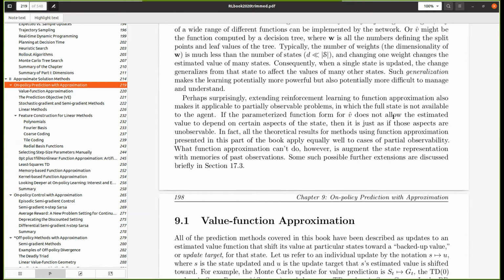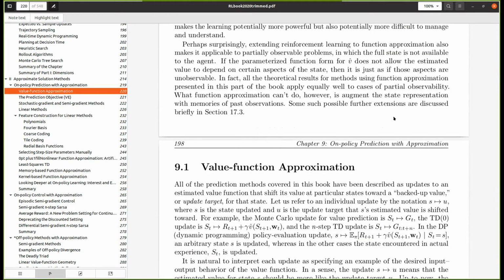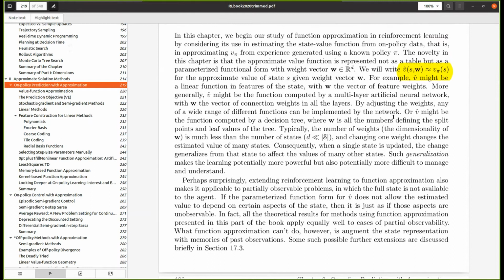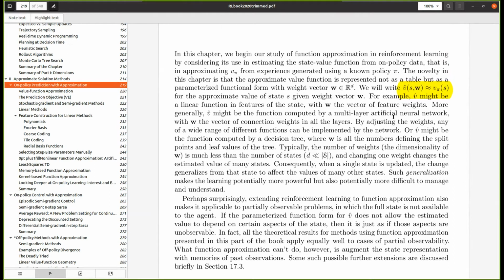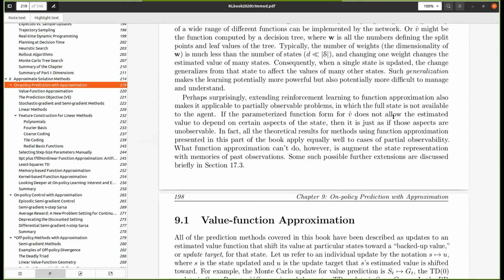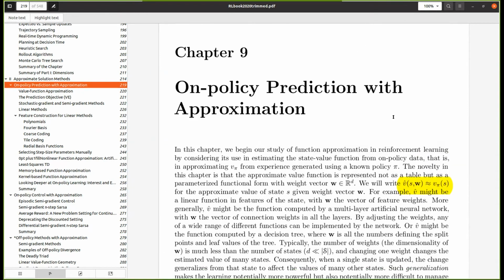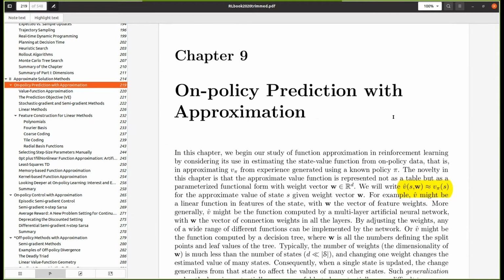Okay, and that is what we will talk about in this part of the book. In particular, in this chapter 9, we will focus on policy prediction using approximate methods.